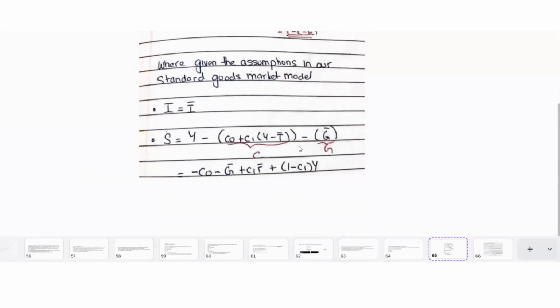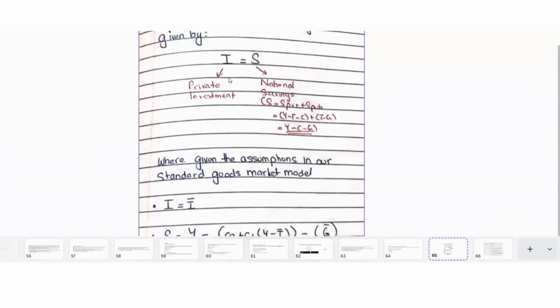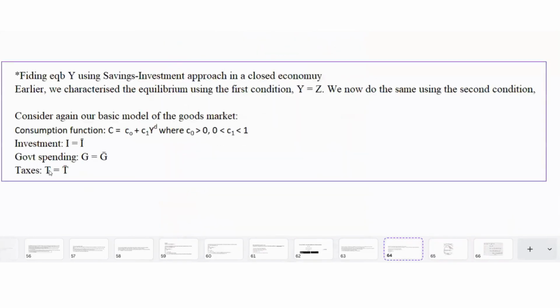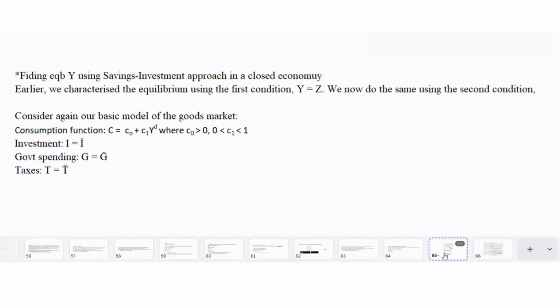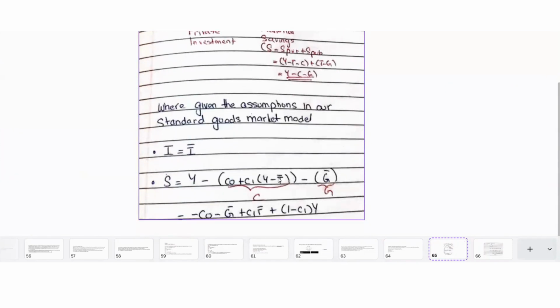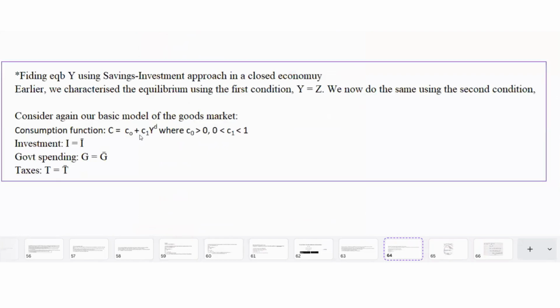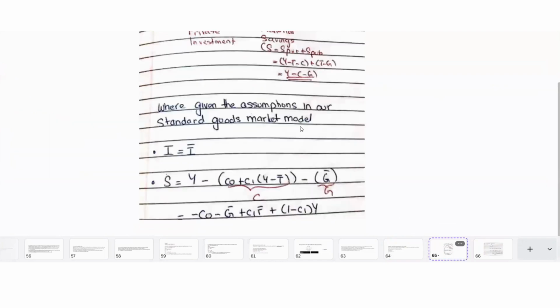So now, given the assumptions in our standard goods market model, we know that I in this case is simply equal to I bar, assuming investment is exogenously given. And our national savings are Y minus C minus G, and C over here is given to us as C0 plus C1 YD, where YD is Y minus T, and T is just T bar.